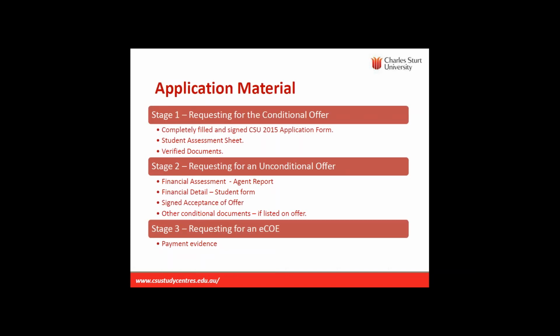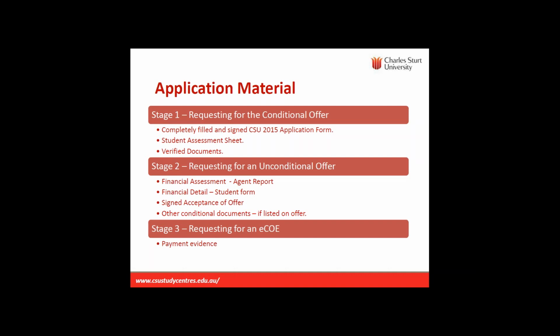So some more details about the application materials: what documents we need to submit. First of all, when we request the conditional offer, as stage number 1, we would need to complete and sign the CSU application form, which is available on the partner's website, or we can send it to you.